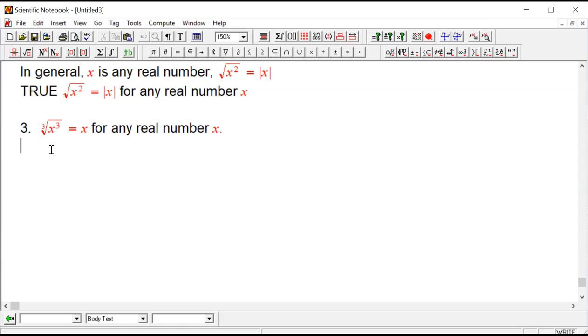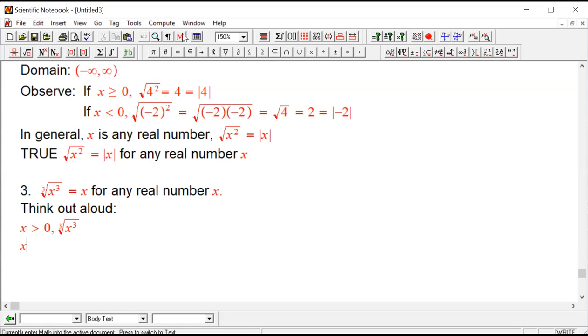So if you think out loud, I would try different numbers as practice. There are 3 categories of numbers: positive, negative, and 0.